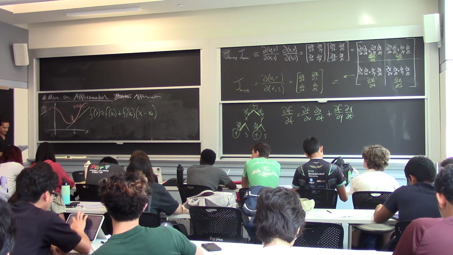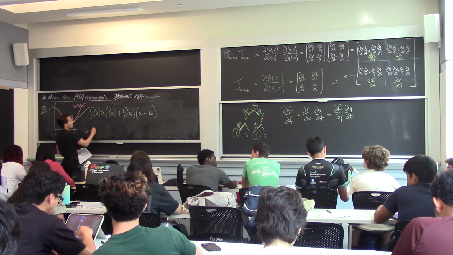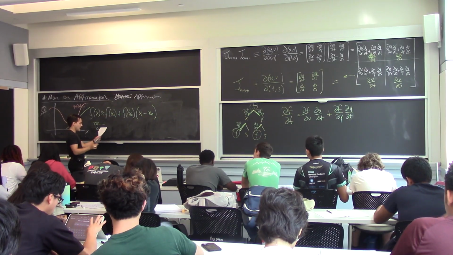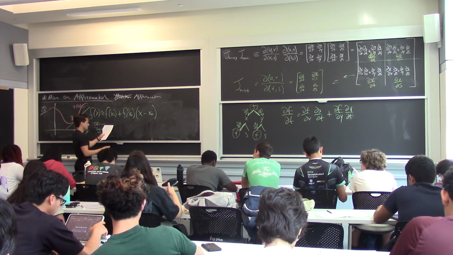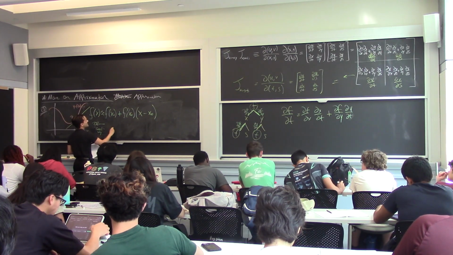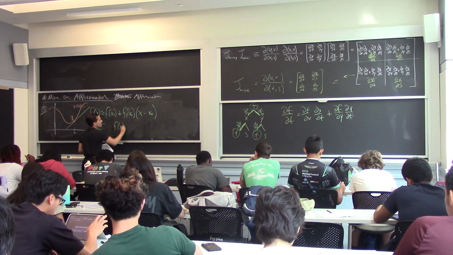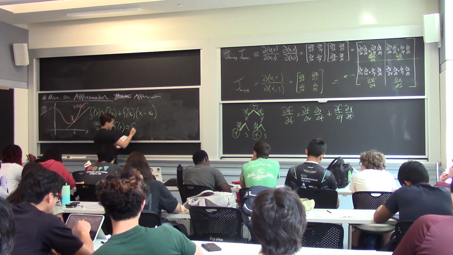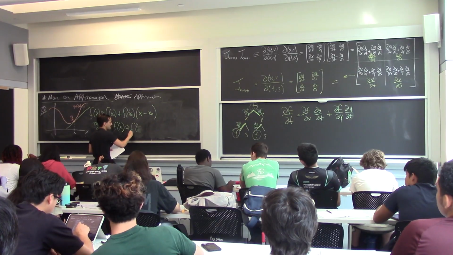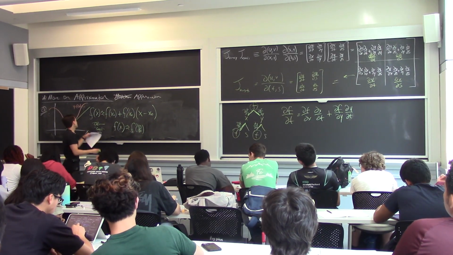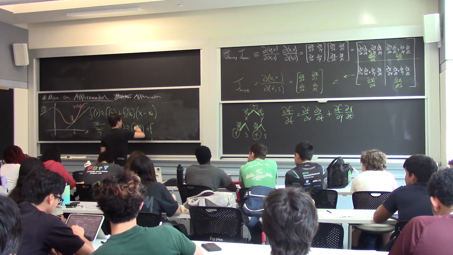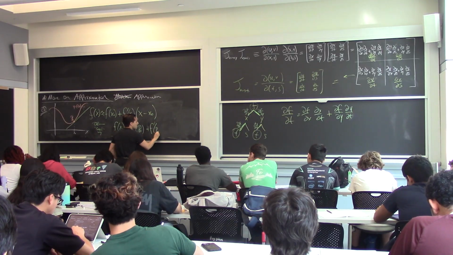This is that. Or another cool way to say it is f of x is about f of p naught plus f prime of p naught, where f prime is evaluated at that point p naught. So f of x is approximately f of p naught plus f prime of p naught delta x.